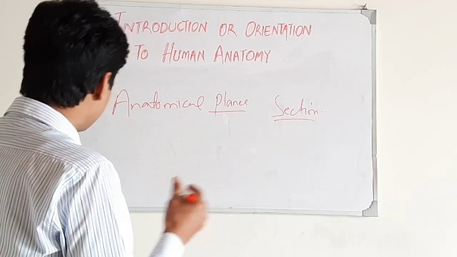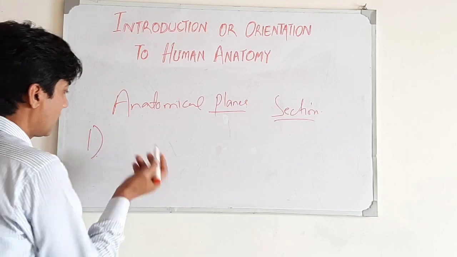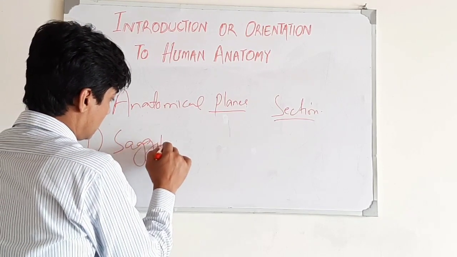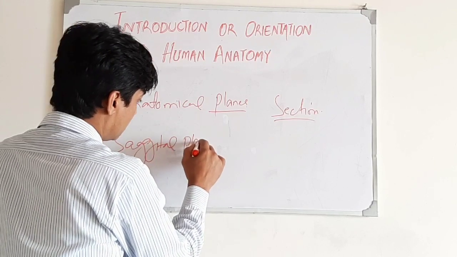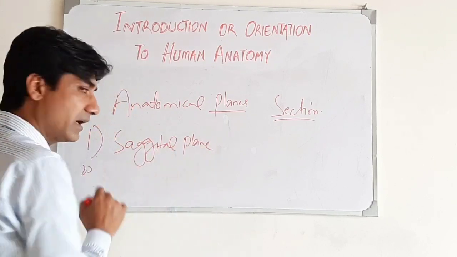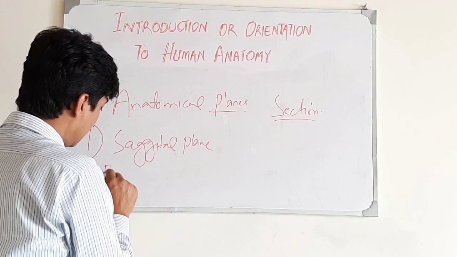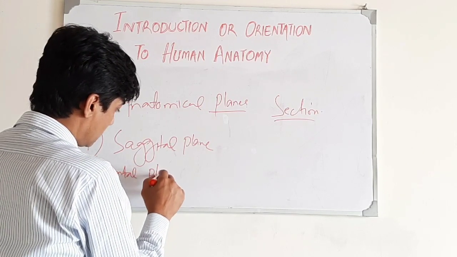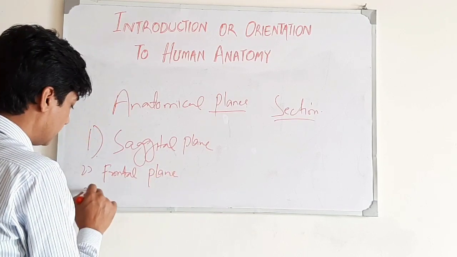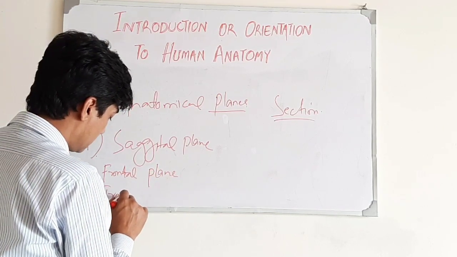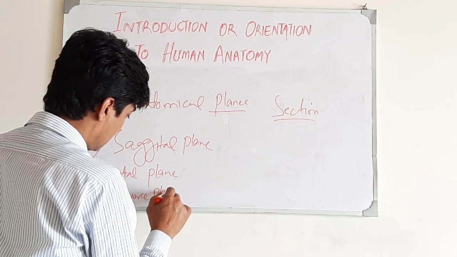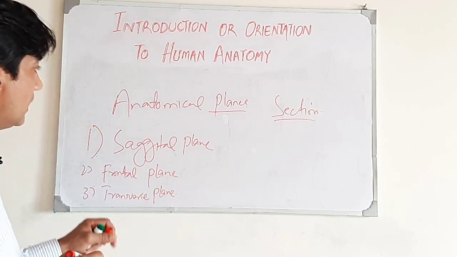First of all, the sagittal plane, the second is the frontal plane, and the third is the transverse plane. These are the three anatomical planes.